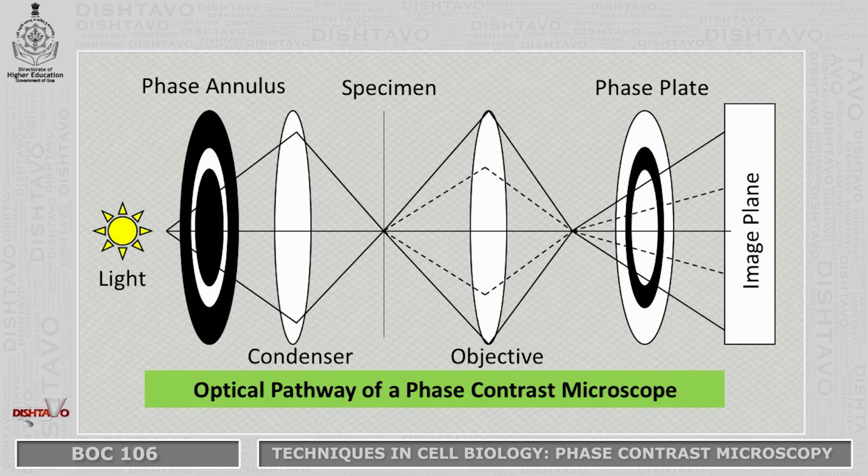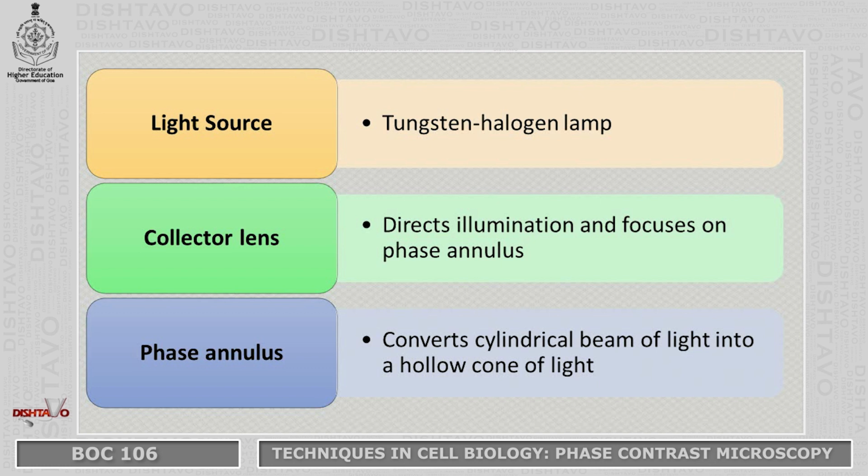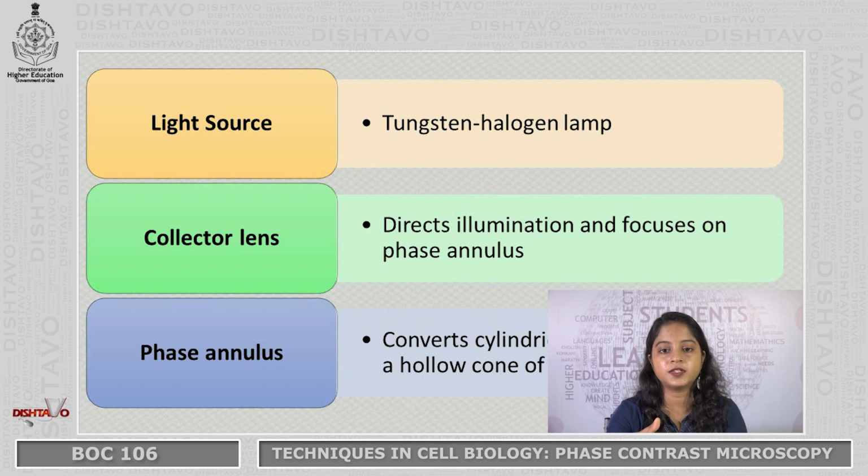The light source is primarily a tungsten halogen lamp, and there is a condenser lens which directs the illumination and focuses it on the phase annulus. The phase annulus converts the cylindrical beam into a hollow cone which then interacts with the specimen.